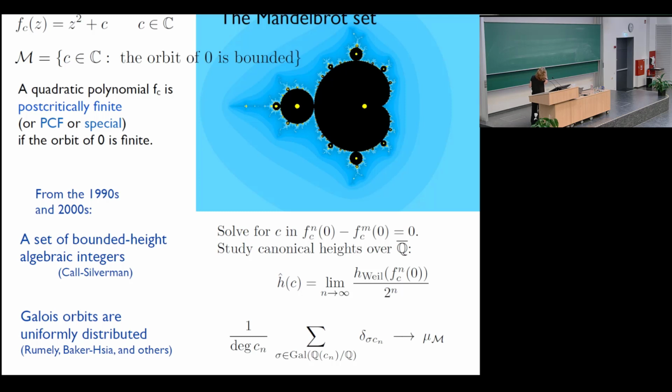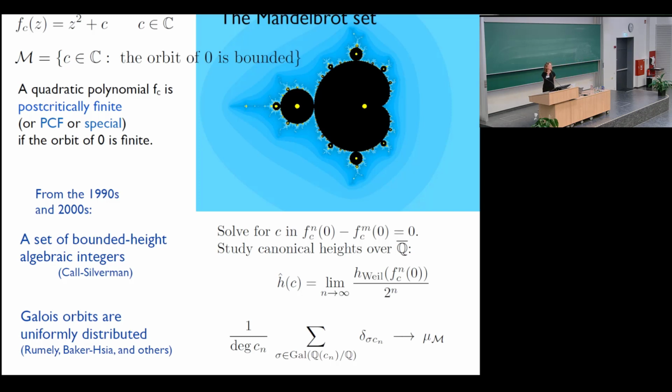One can even build a height function on all of Q bar, which has very good properties from a number of different points of view. I won't go into that either, but there is a very nice height that lives on this entire space, on all of Q bar, which has exactly these postcritically finite points as the zeros, the minimal height points.